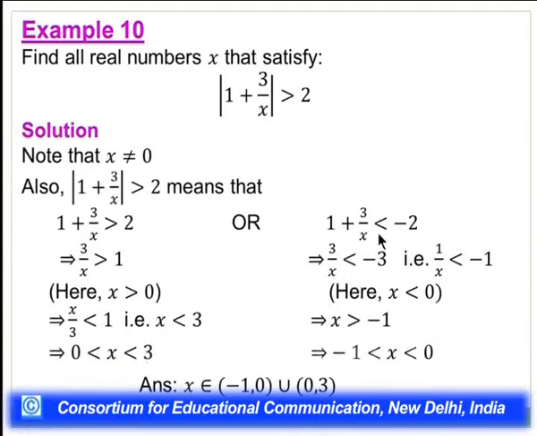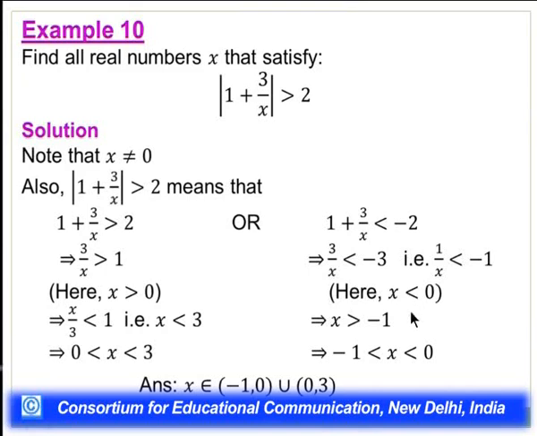Now in the second inequality, I have 3 by x is less than minus 3. If you see where my cursor is pointing, I can cancel out the 3's to get 1 by x is less than minus 1. Now because here 1 by x is less than minus 1, x has to be a negative number. So that is one piece of information.